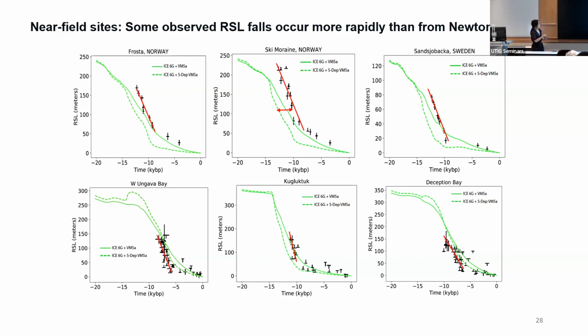So our conclusion is that the shape of the relative sea level data is very similar to our non-Newtonian predictions, which is more sensitive to the rheology, but we have an offset. This amplitude difference may be caused by the ice model. Yeah, thanks.